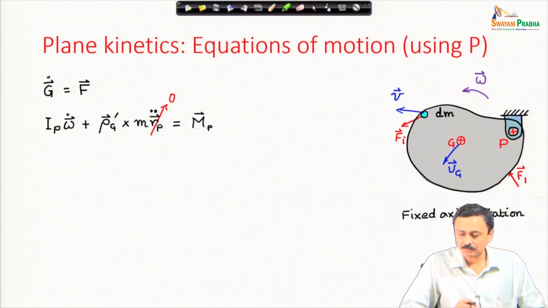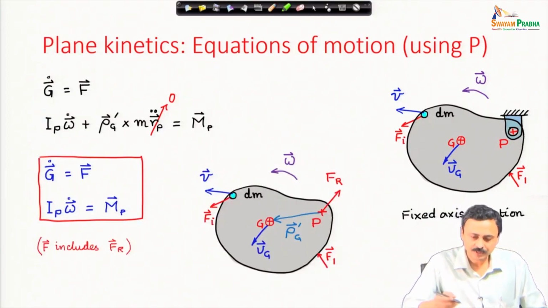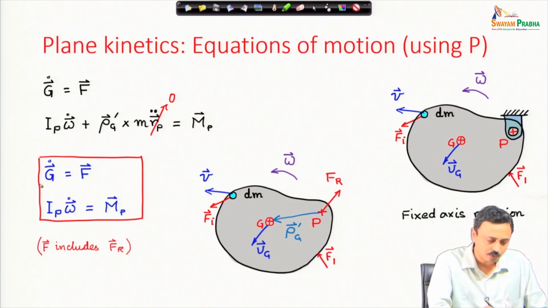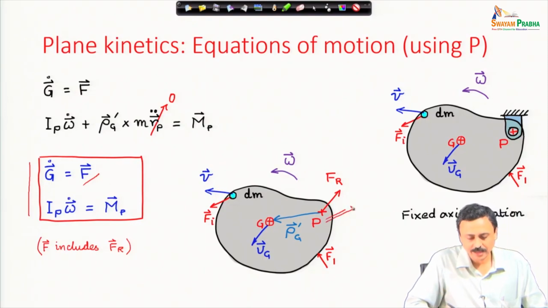If the point P is a fixed point, a hinge, a fixed axis rotation, then the acceleration of point P goes to 0. Therefore, our equations simplify. We have these two equations, but the only thing you have to remember is that this force includes the reaction force at the hinge.